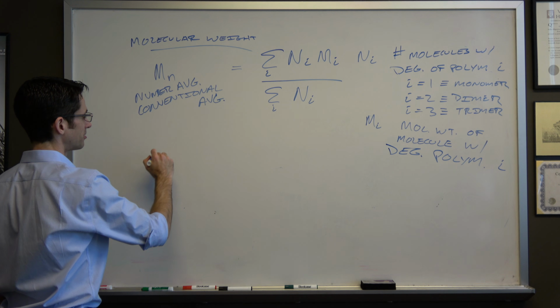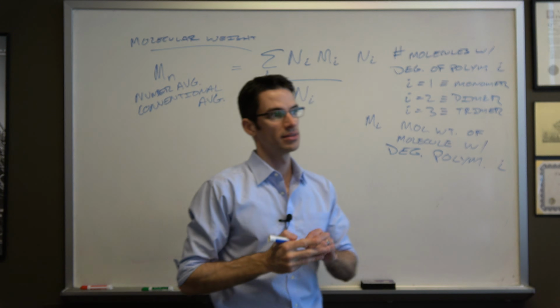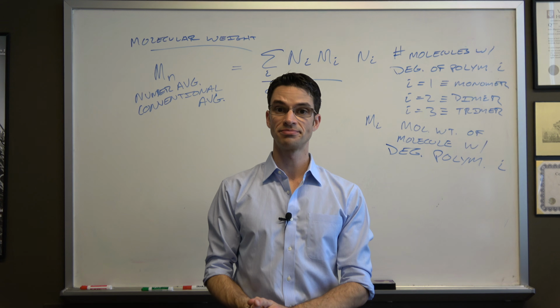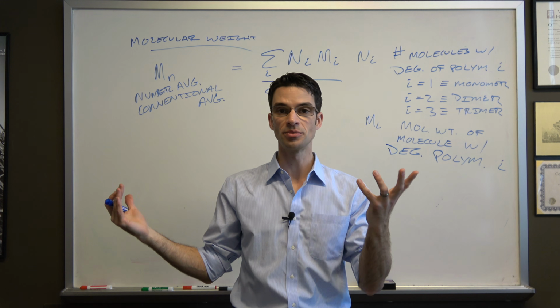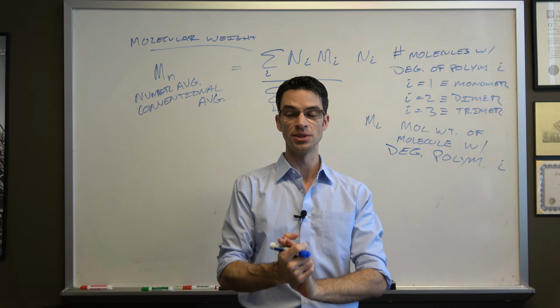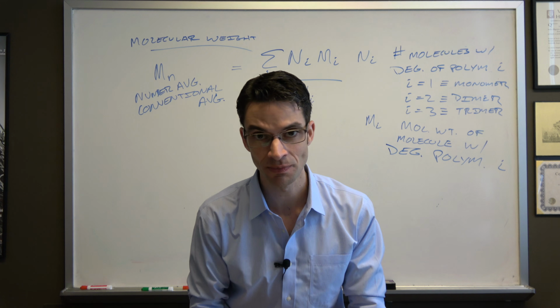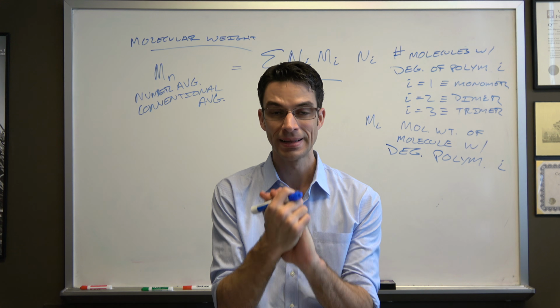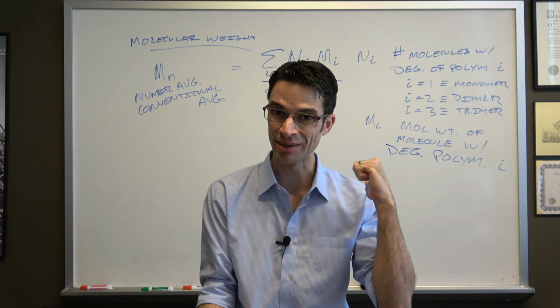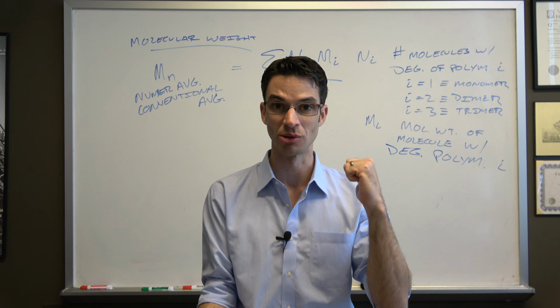Okay, then we have, isn't that good enough? You know, couldn't we just calculate the molecular weights using the conventional average? No. And here's why. Well, we can, but it doesn't give us the most information.